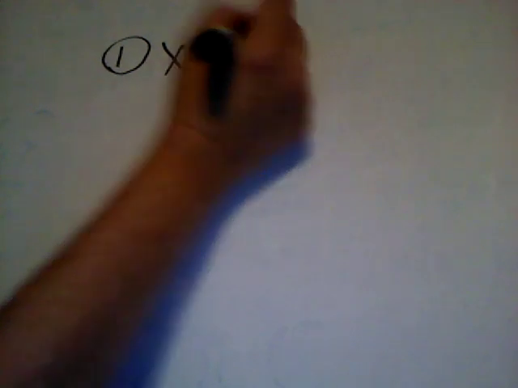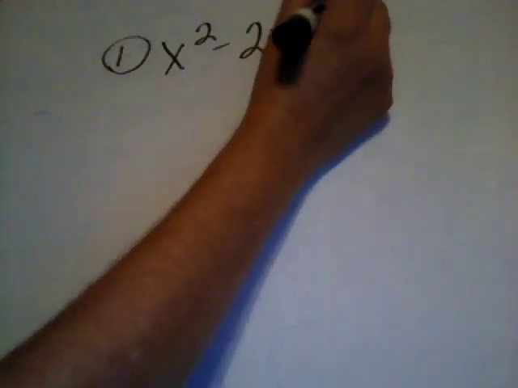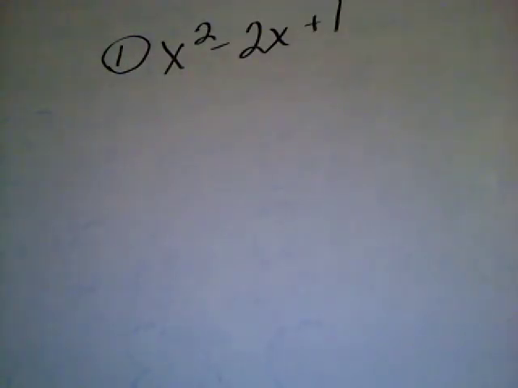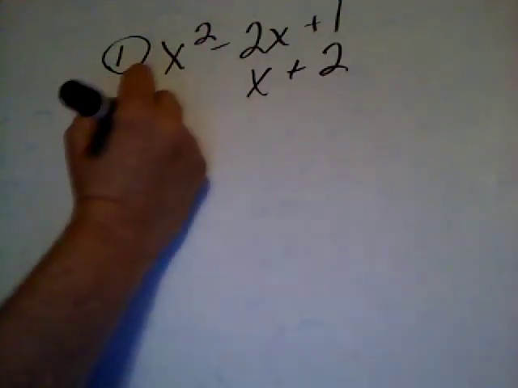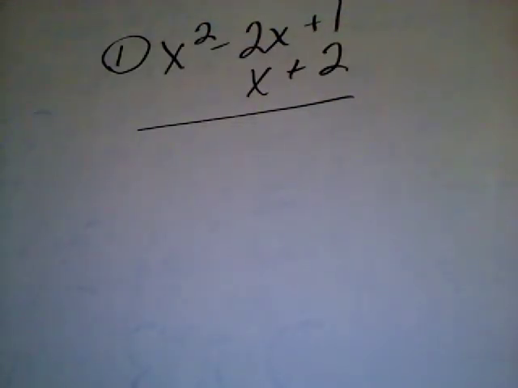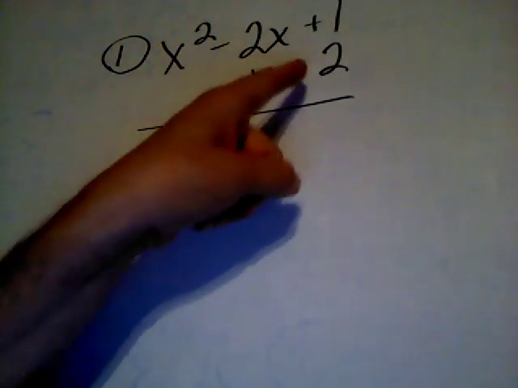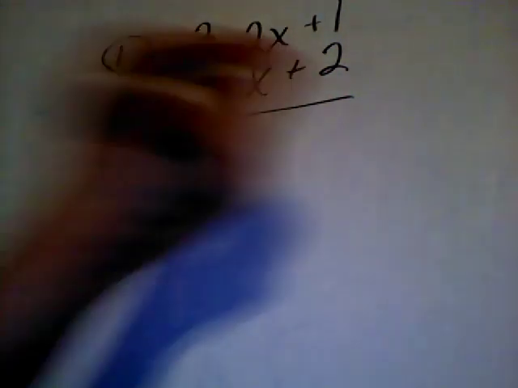And my problem is x squared minus 2x plus 1. And I'm going to multiply that by x plus 2. It's almost like multiplying a multiplication problem. Everything gets distributed. We're falling back to that distributive property.